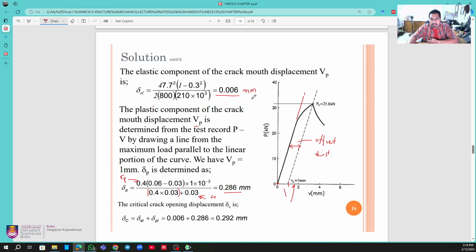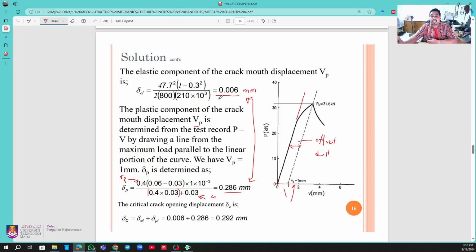Then you can compare these two values. The elastic value, the effect of the elastic displacement, is very small, 0.006 millimeter, when compared to the delta plastic, which is quite big, 0.286 millimeter.